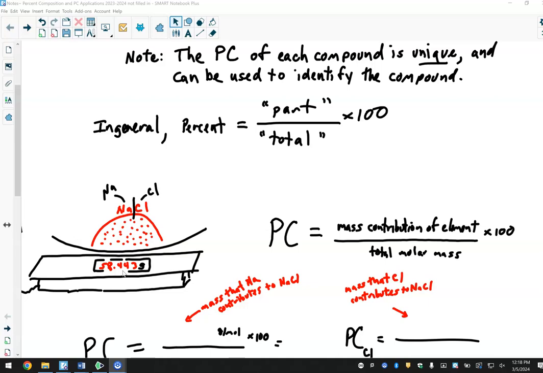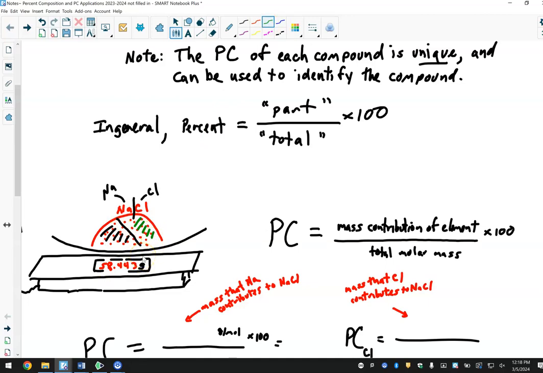But you know, just instinctively, just because of the way you calculate molar mass, some of that 58 grams is going to be due to the sodium, right? And some of that 58 grams is going to be due to the chlorine, right? So I always think like sodium's going to contribute a certain percentage of the mass, and chlorine's going to contribute a certain percentage of the mass.